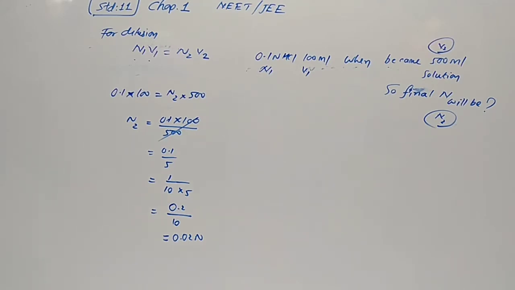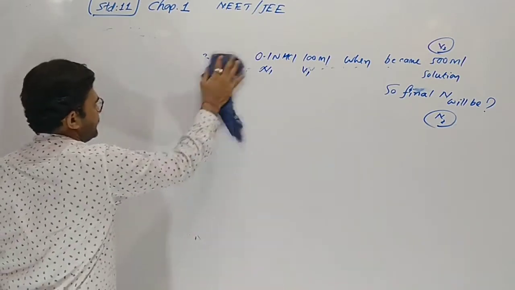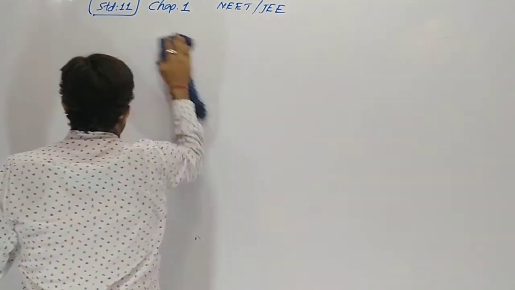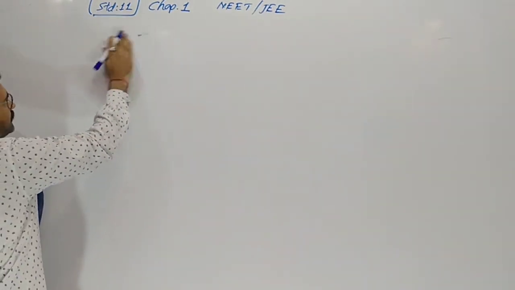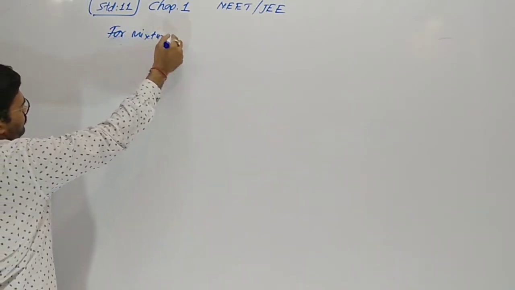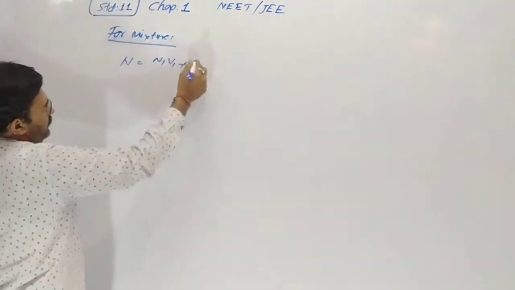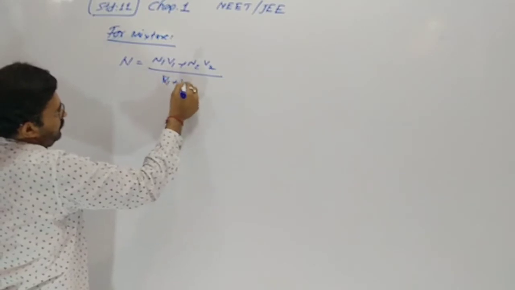Now, in a mixture. For a mixture, N equals N1V1 plus N2V2 upon V1 plus V2.